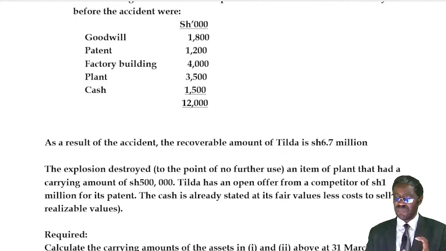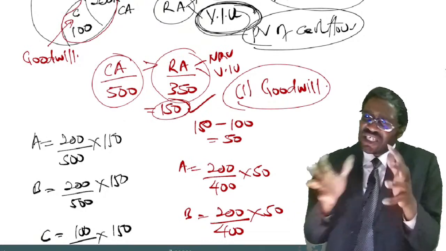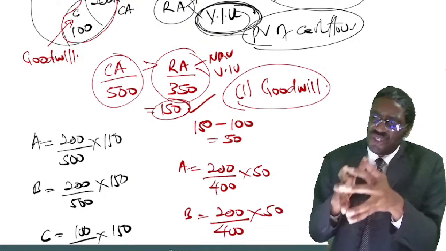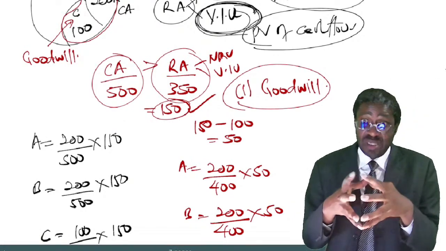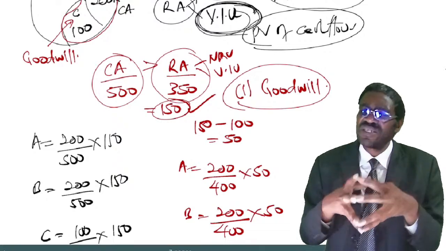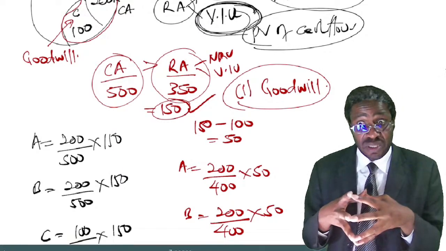We are told by the paragraph below it, the explosion destroyed to the point of no further use an item of plant which had a carrying amount of 500. Meaning, for that particular plant that was destroyed, the 500 one, can you still test for impairment for it?